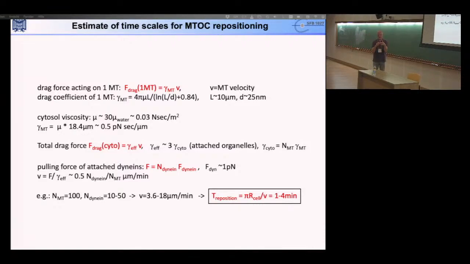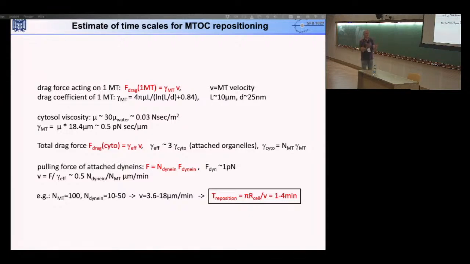That is the drag force the whole cytoskeleton structure experiences when dragged with a velocity v through a viscous material. On the other hand, there are the forces exerted on the microtubules by a certain number of attached dyneins.